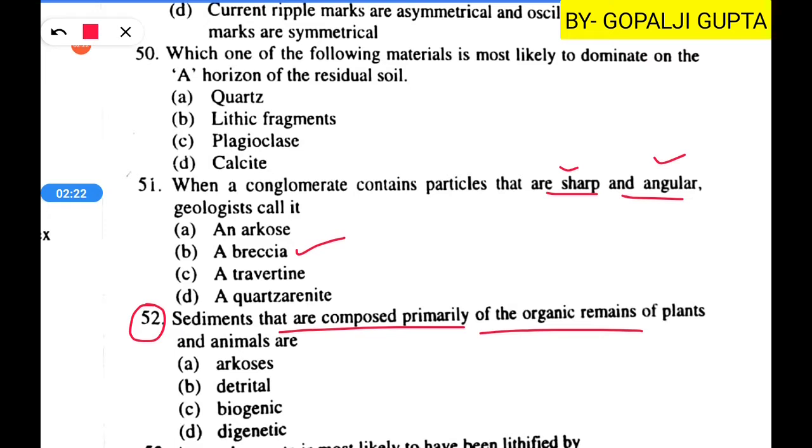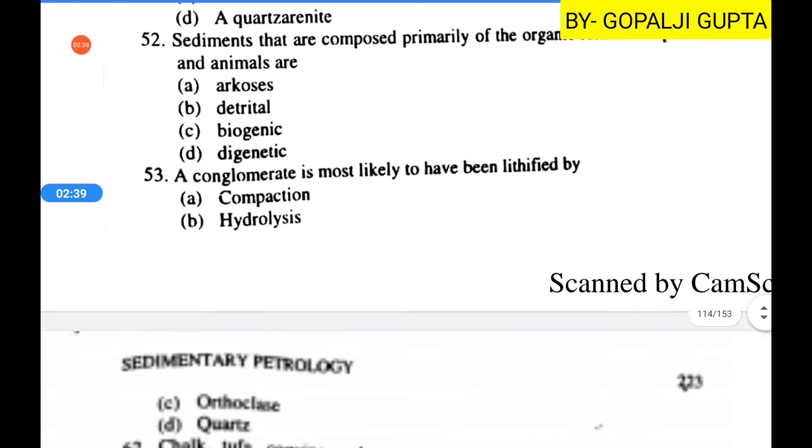These types of sediments are known as biogenic, as they are the result of biological activities. Detritus, on the other hand, is simply sand particles composed of rock fragments.